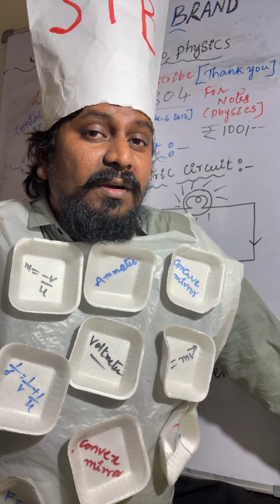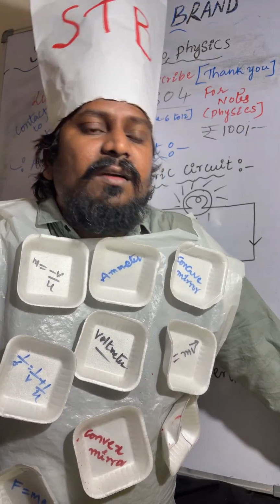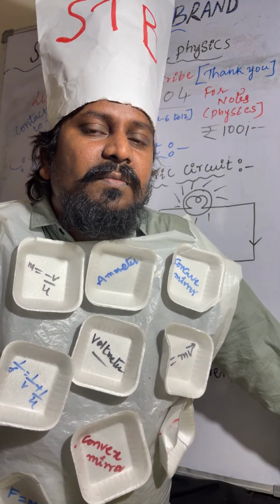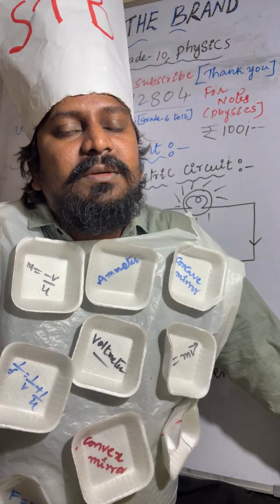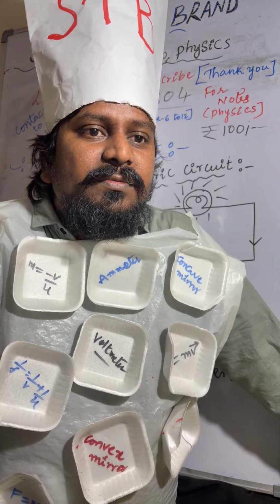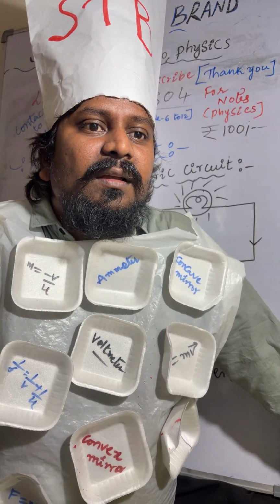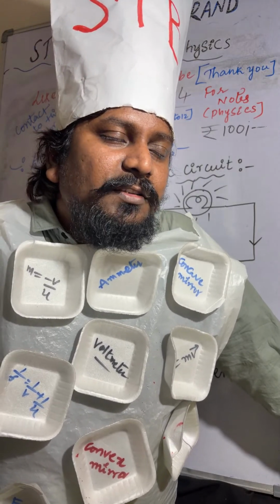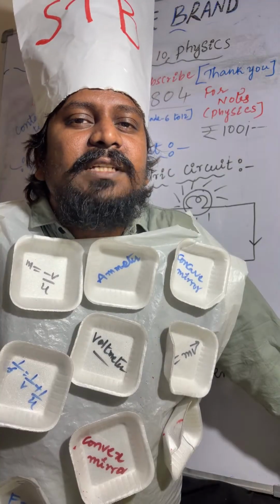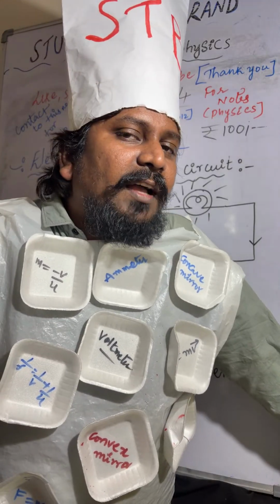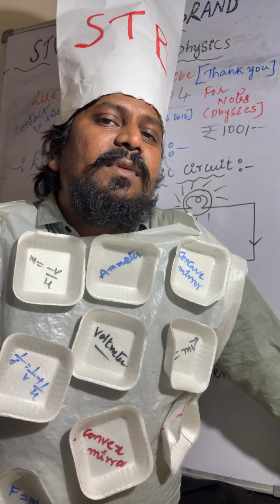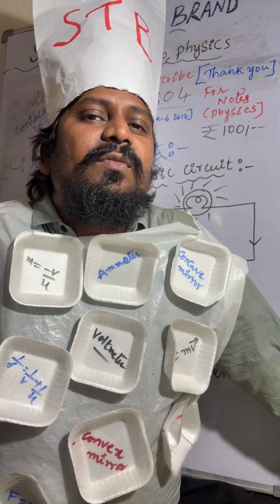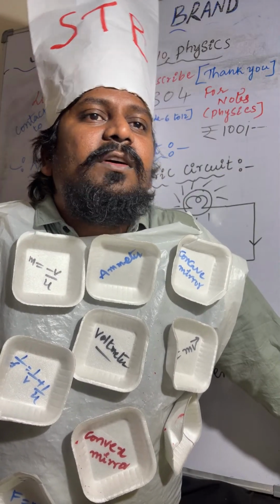Electric current is nothing but the flow of electrons. Electrons are moving from negative terminal to positive terminal. So I hope it is very clear. Positive charges are moving from positive terminal to negative terminal, whereas electrons are moving from negative terminal to positive terminal.